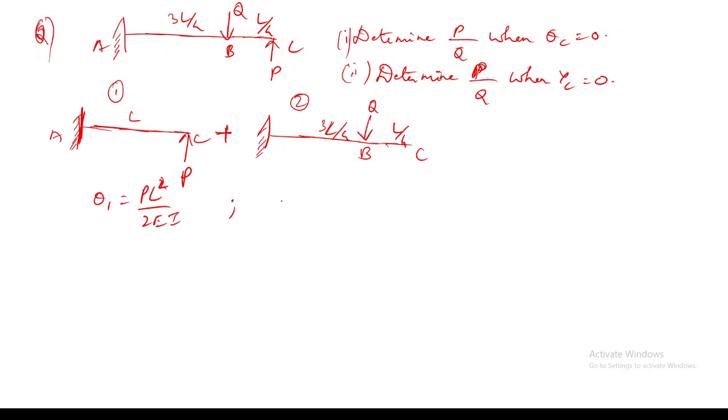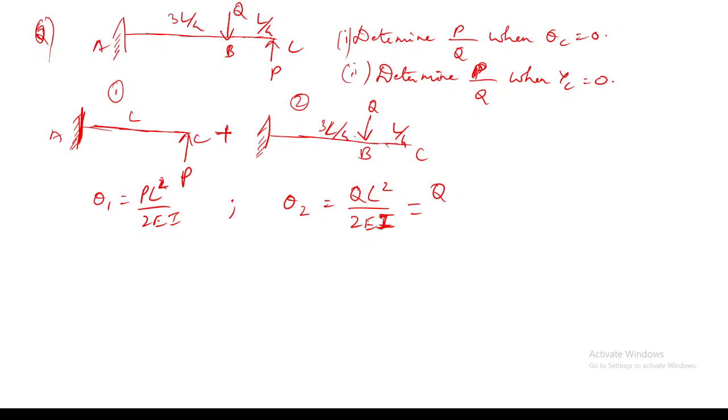And here, what will be the value of theta 2? QL square by 2EI. Should I change anything or leave it as it is? L to 3L by 4. Yes, that is the major change I have to do here.